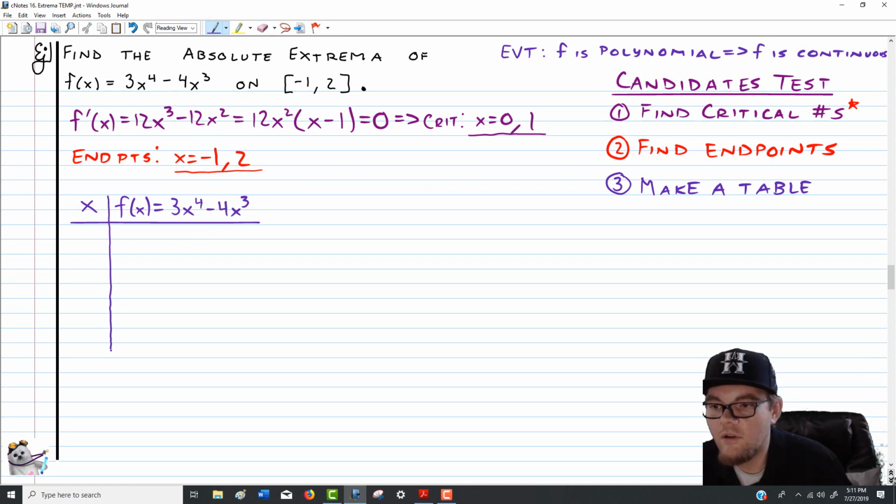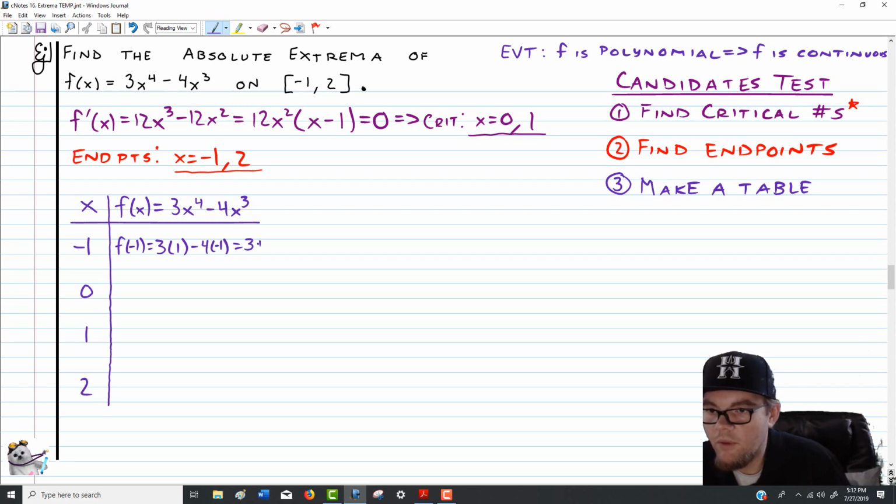Think of the table as our little debate lecterns. As candidates, we have -1, 0, 1, and 2. Each of those needs to get into the function so that we can figure out what those values are. So if we plug in -1, we're going to get 3 times 1 minus 4 times -1.